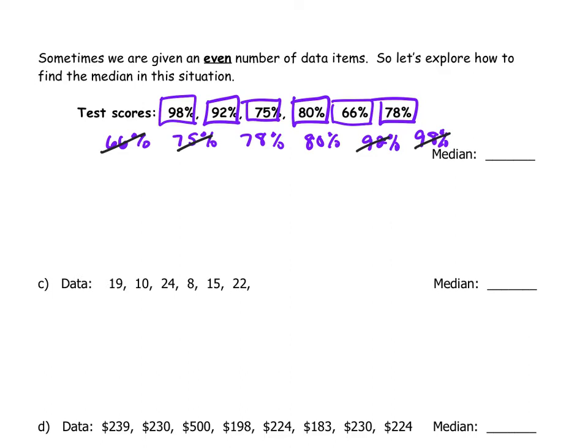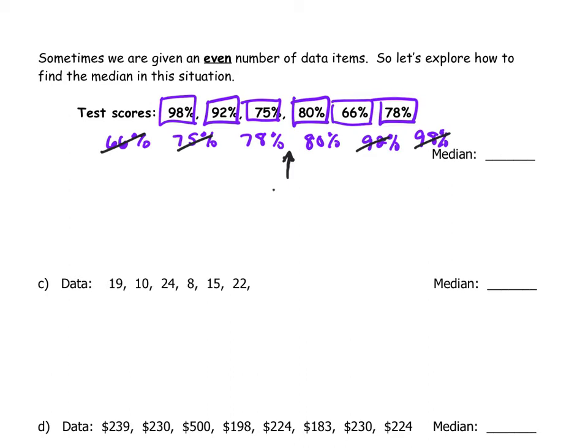So we can use our logic and tell ourselves, well, the median has to be exactly in the middle of 78 and 80. So sometimes the median is not necessarily a data item itself. And because these are 2 consecutive even numbers, it's pretty easy to figure out what number is exactly in the middle.